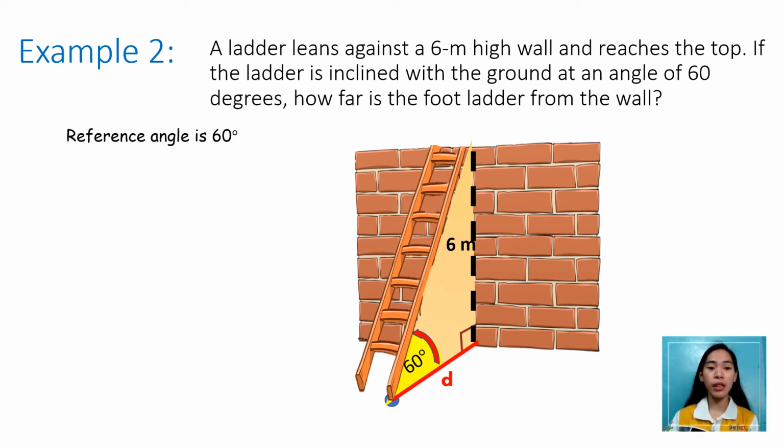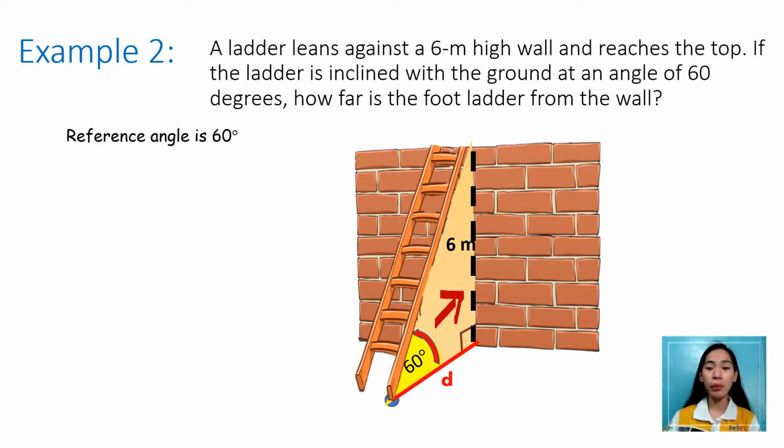Okay, so our reference angle here is 60 degrees. If this is our reference angle, the opposite of that is this side, 6 meters. So 6 meters would be our opposite side. And how about d, this side? With respect to our reference angle, d here is our, very good, adjacent side.